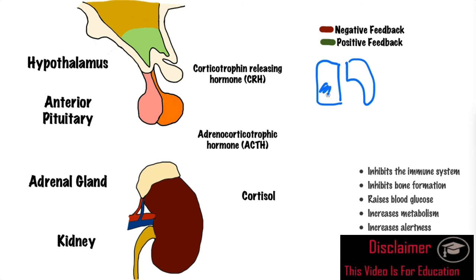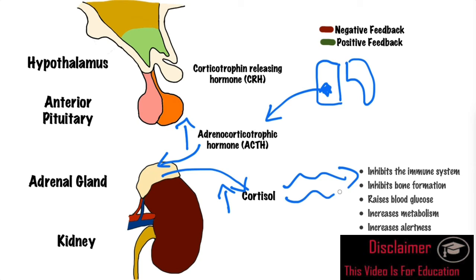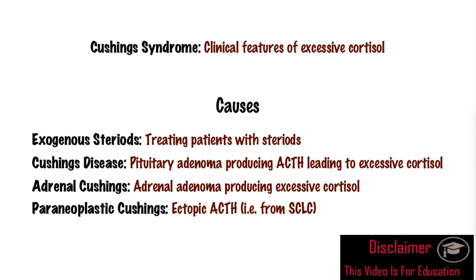There's a little diagram of the lungs. There's your small cell lung cancer that's producing excessive amounts of ACTH, and that excessive ACTH stimulates the adrenal gland to produce excessive amounts of cortisol, which then have all of these effects. So there we have it. I've been through the big four causes of Cushing syndrome.